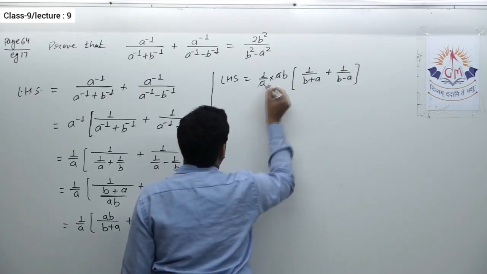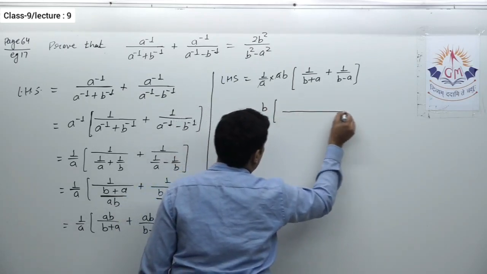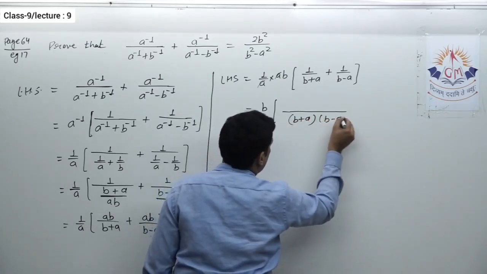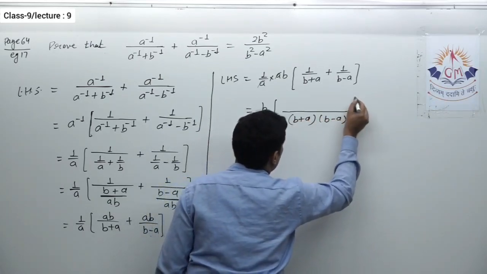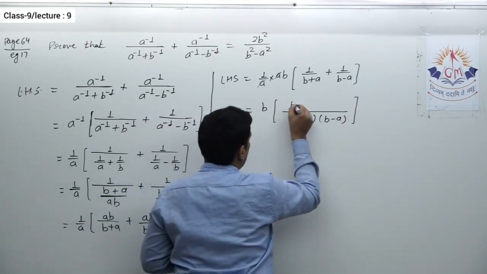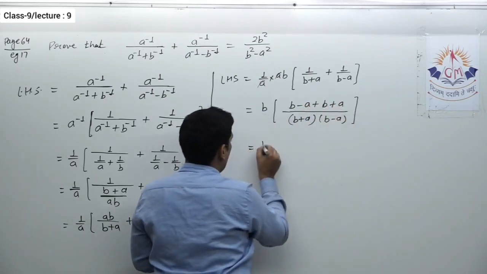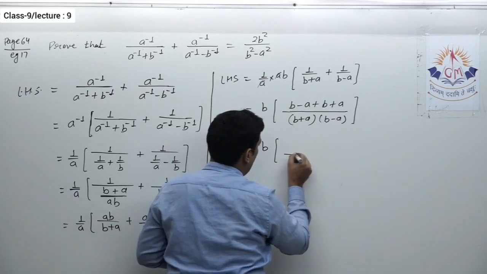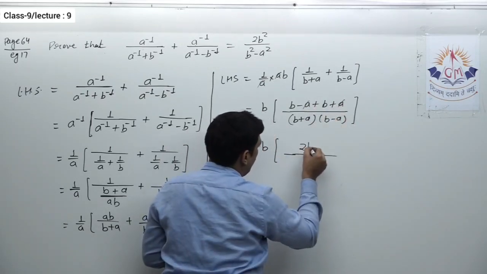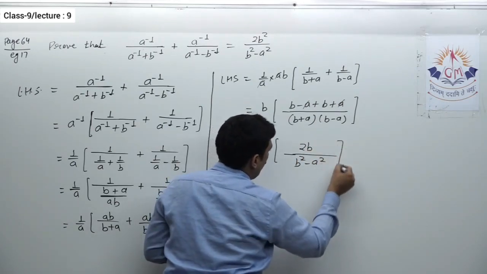Here a and a I can cancel, so I am left with b. Now over here again I can take the LCM, so (b plus a) into (b minus a) will be the LCM. Now I will get b minus a plus b plus a. So b multiplied by, in the numerator, minus a plus a will cancel out, so I will get 2b, and over here I will get b square minus a square.